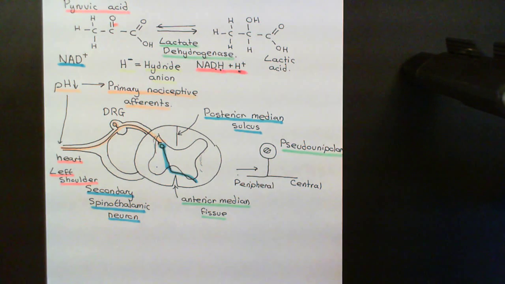And that's why, even though the pain signal is coming from the heart, the brain perceives it as coming from the left shoulder, and why the conscious sensation that you then get is the same as having pain in the left shoulder.